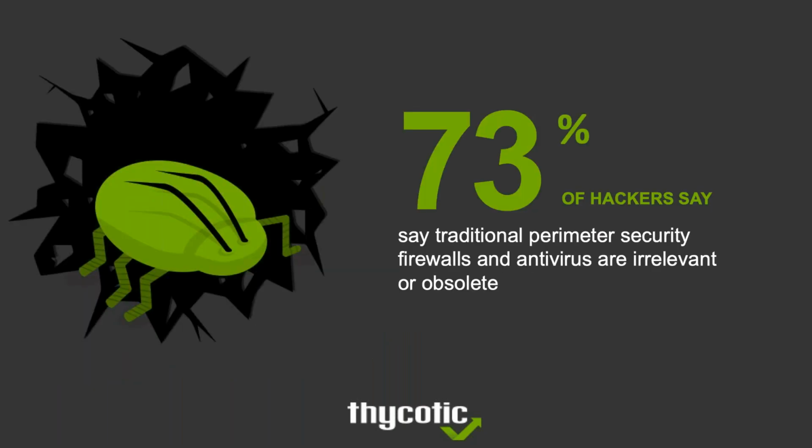This also confirms that 73% of hackers say traditional perimeter security, firewalls, and antivirus are irrelevant or obsolete. I don't quite agree with this myself. Irrelevant, probably yes. Obsolete, probably no. The indicator here is that these tools, antivirus and firewalls, by themselves are not enough. They're not the only things you should rely on to keep your organizations safe and protected.